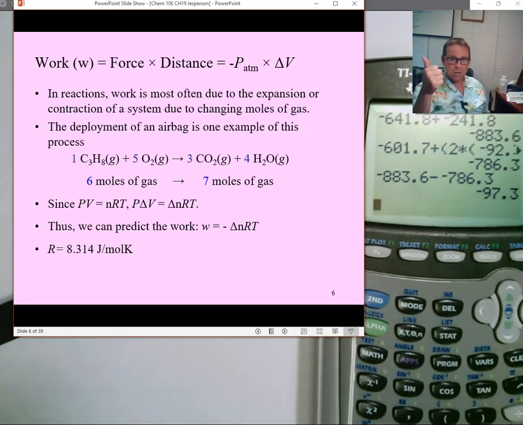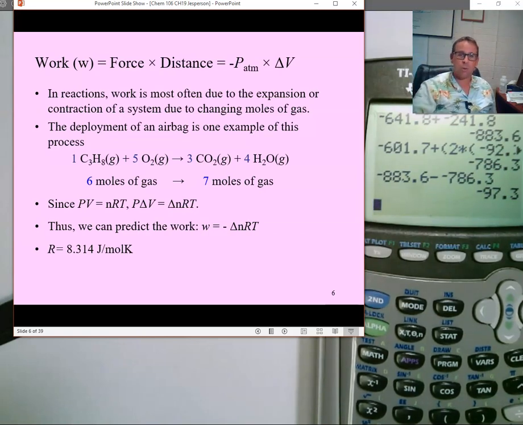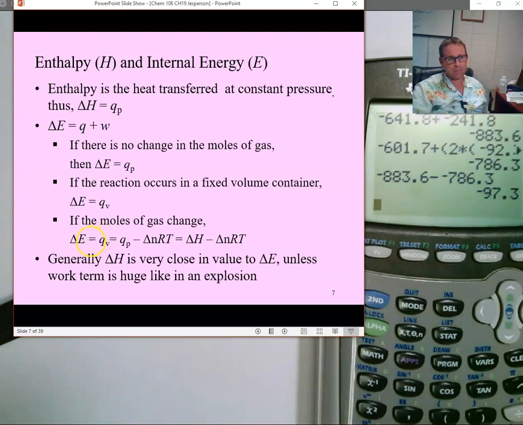But the delta H, heat energy, and the work energy come together to form what we call the total energy, E. And that's what we see here. Total energy is our Q, our heat energy, and our work.